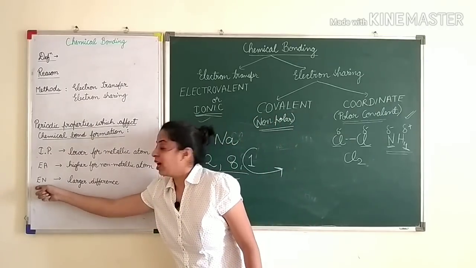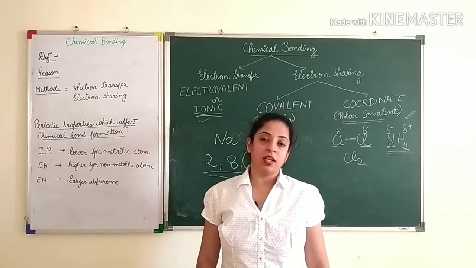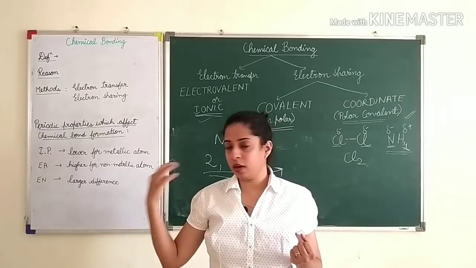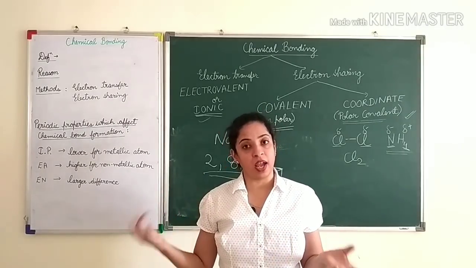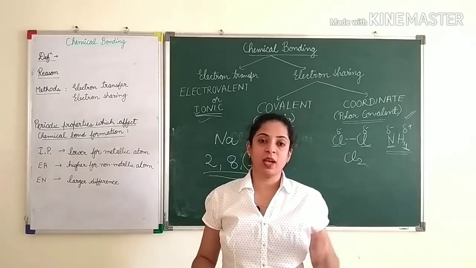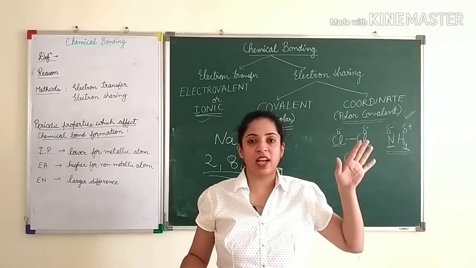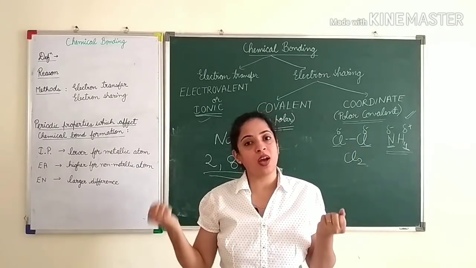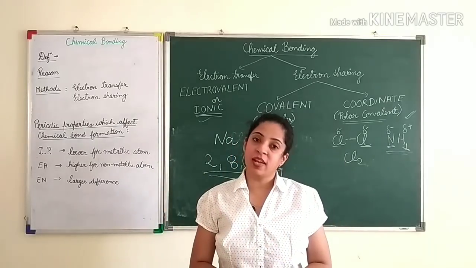Right? What about electronegativity difference? Now the difference between the electronegativity of a cation and an anion should be high so that it can form bond very easily. Okay, one is giving electron very easily, one is taking electron very easily. So one is a strong cation, one is a strong anion, so they can form bond very easily.